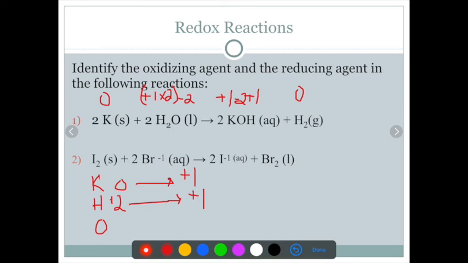Oxygen's going from a -2 to a -2. Okay, so we can say oxygen wasn't oxidized or reduced. So we're going to ignore that one. The numbers didn't change. But potassium is getting a little more positive, so it's oxidized. It lost electrons. And then hydrogen's getting a little more negative because we go from a +2 to a +1, so it's reduced.